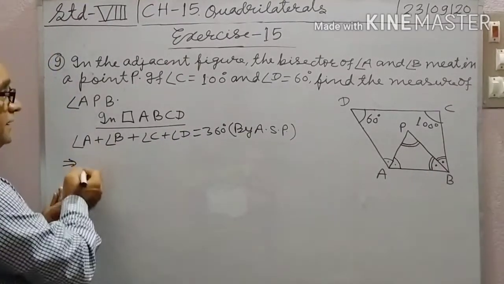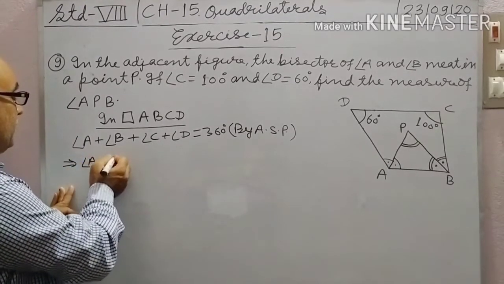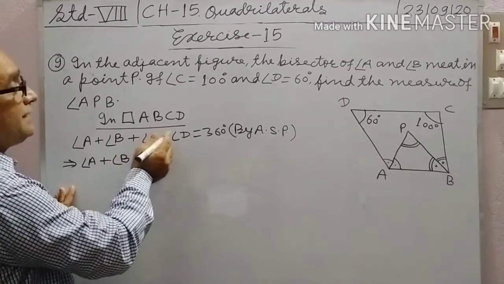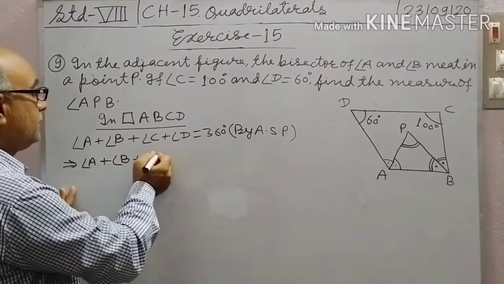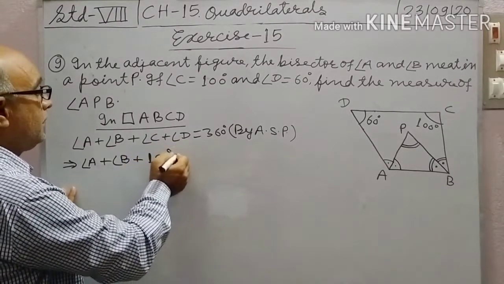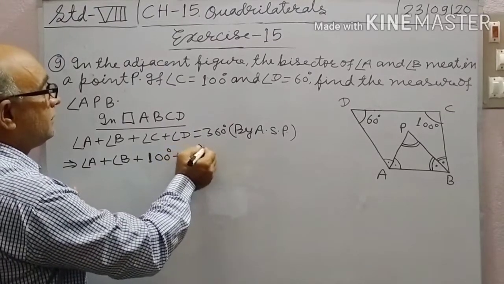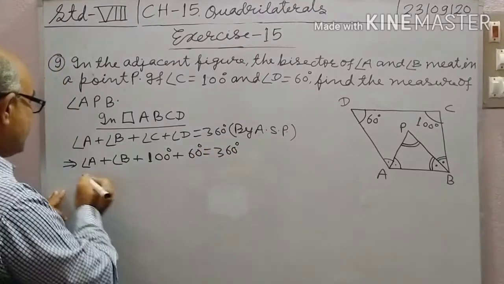That implies angle A plus angle B plus angle C equal to 100 degree plus angle D equal to 60 degree equal to 360 degree.